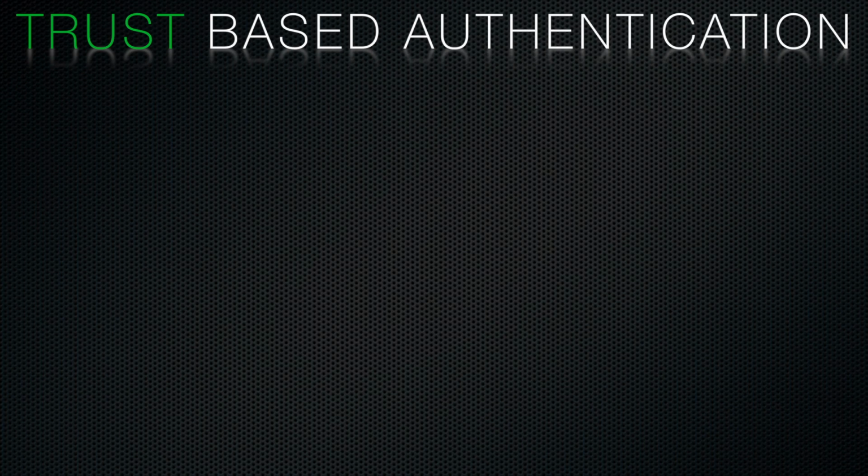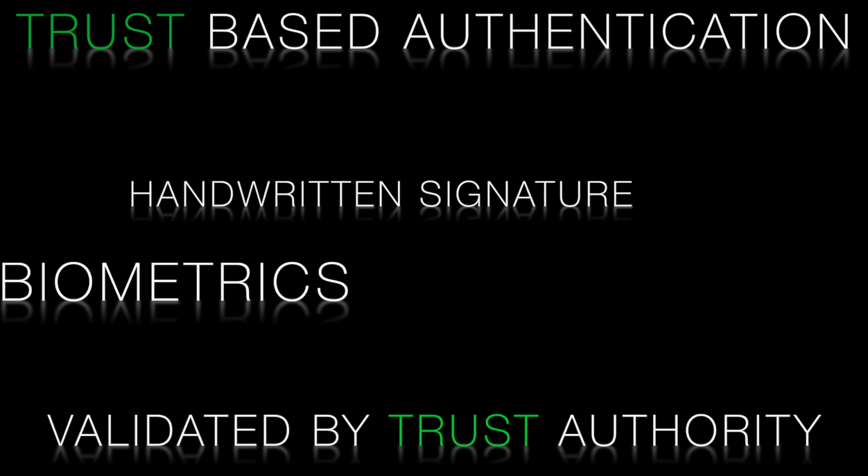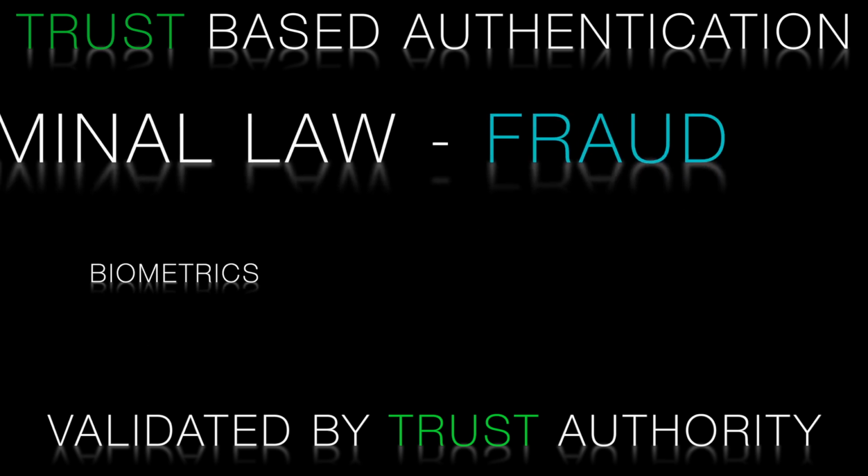In a centralized, trust-based system, you authenticate yourself to a trust authority, such as a bank or credit card firm. A PIN number, handwritten signature, a thumbprint on a phone are all mechanisms in place so that you and only you can withdraw or spend money in your account. If someone tries to impersonate you and spend your money, then hopefully they'll be caught.